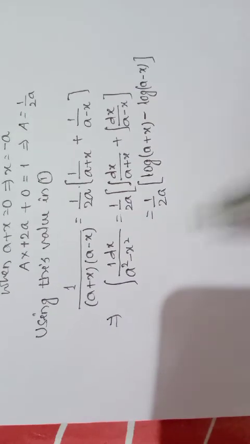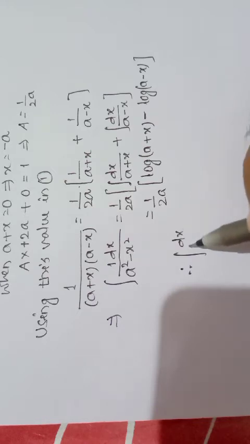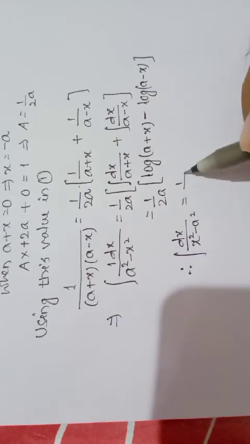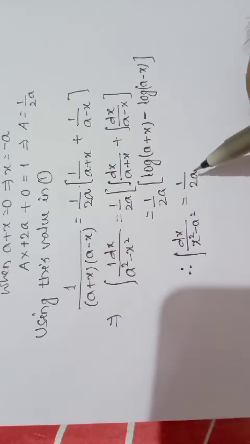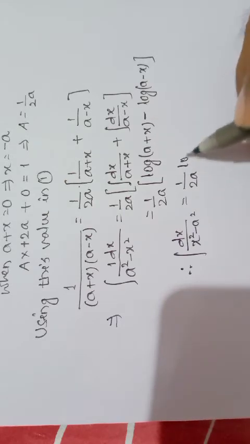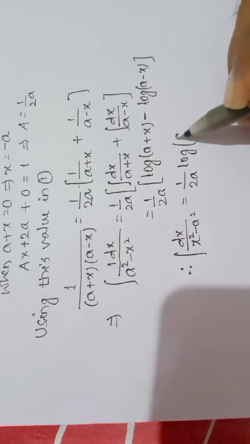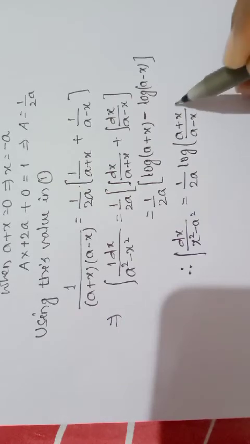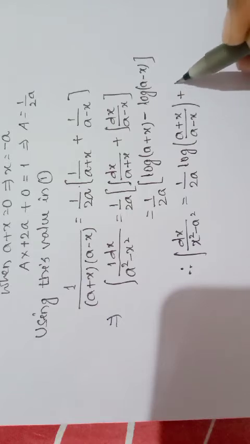So finally, dx upon a square minus x square should equal 1 by 2a. Apply the property of logarithm here, so it should be log of a plus x upon a minus x plus the integration constant c.